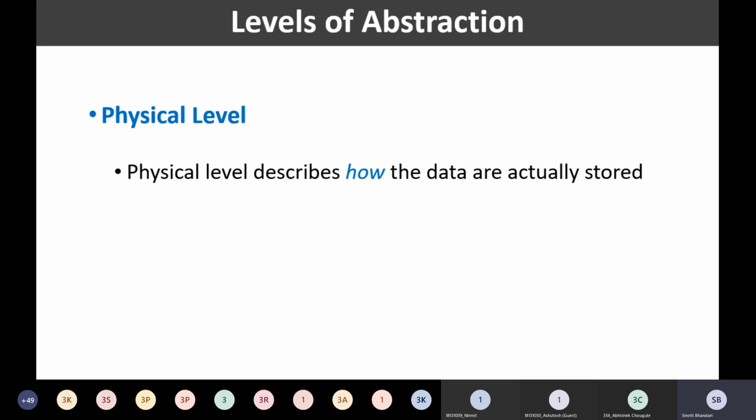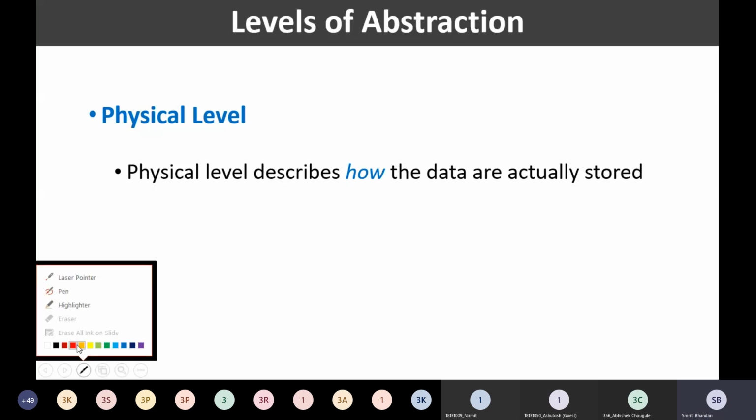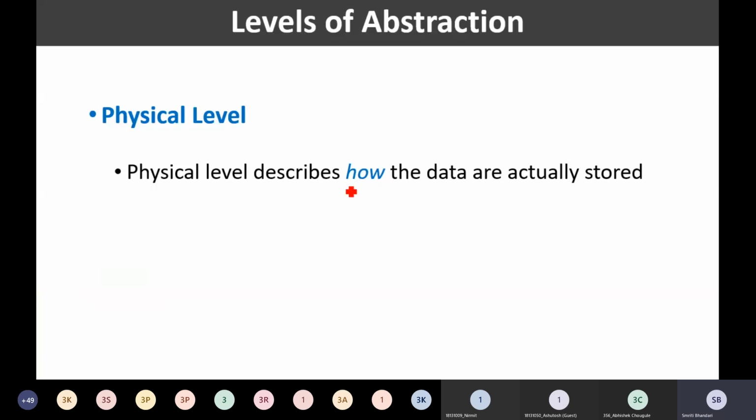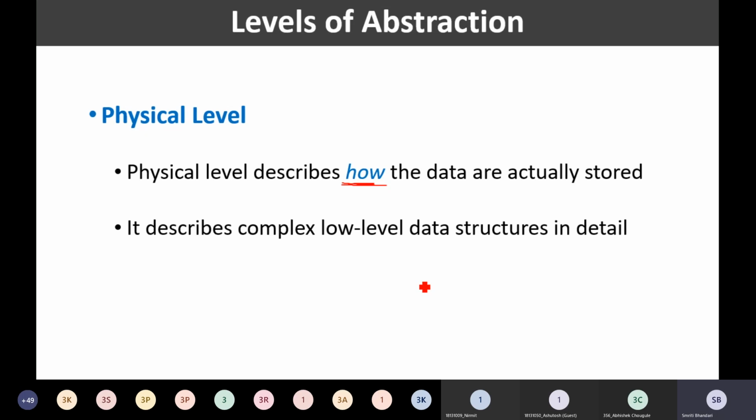This is typically the lowest level of abstraction, and what is important is that the physical level of data abstraction describes how the data are actually stored. We'll see with an example what we mean by that. It also describes complex low-level data structures in detail.